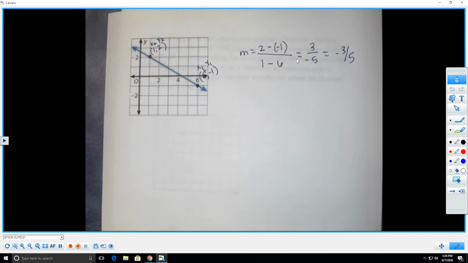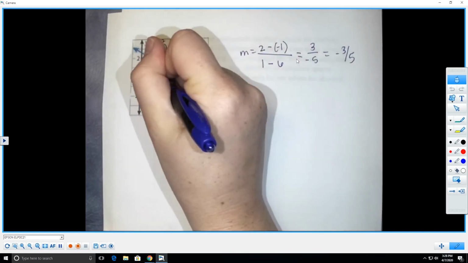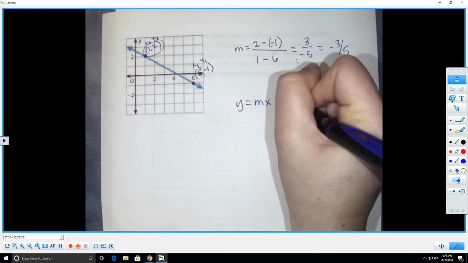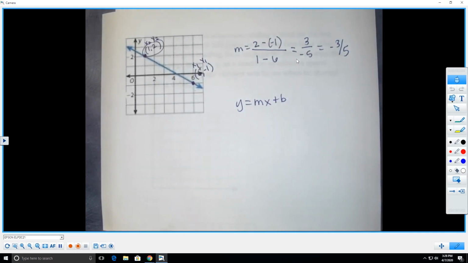Now we need to find an initial value. Choose one of the 2 ordered pairs to work with along with the rate of change. Take another minute. All right, so I used this point 1, 2. So I'm going to start with my slope-intercept form.